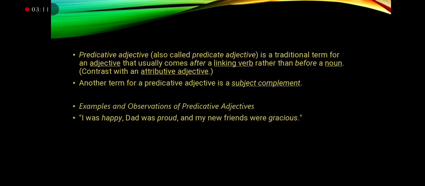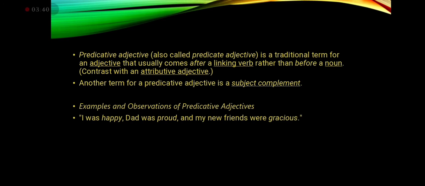Now see, in all three statements, was is a linking verb. I'm going to tell you again that a linking verb is always the verb that joins the subject and the complement with each other. Happy is the complement. I was happy. So happy is something which is coming after was, that is a linking verb. So it is a predicative adjective.